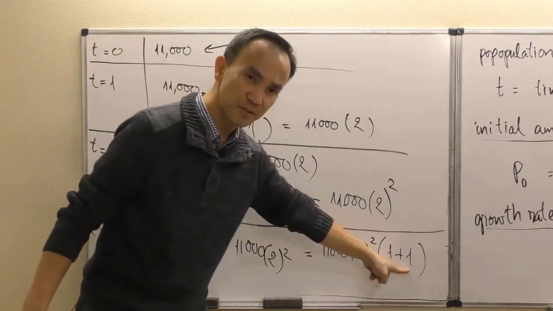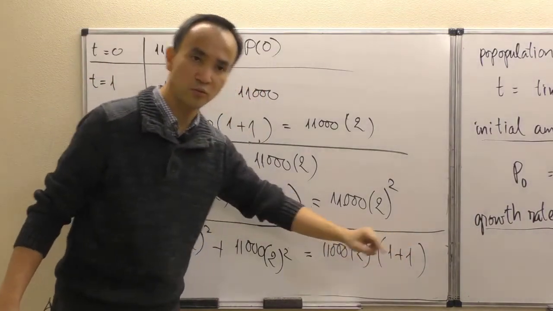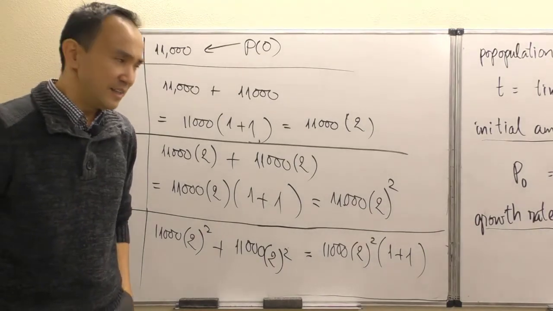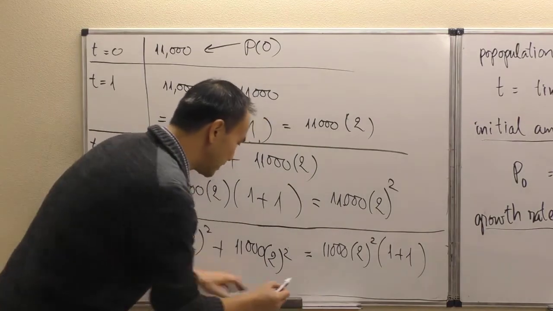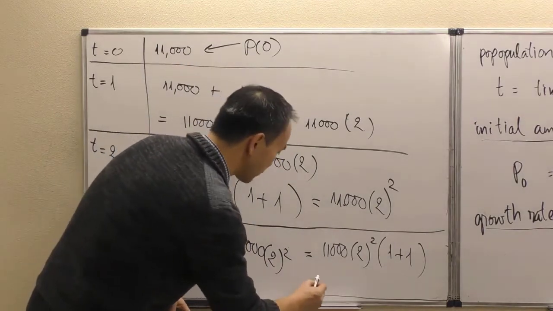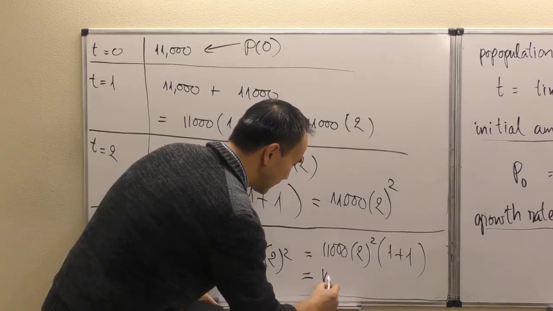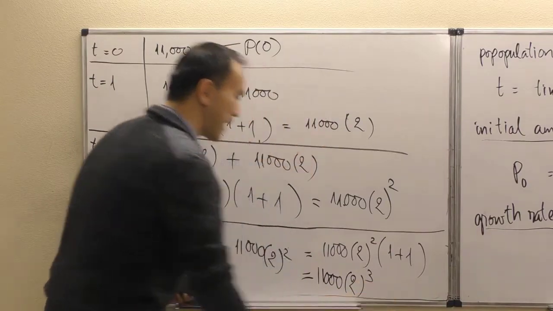And that is famously the growth rate, 100%. Okay, and so for this particular problem, when t equals 3, we're looking at 11,000 times 2 to the third power.